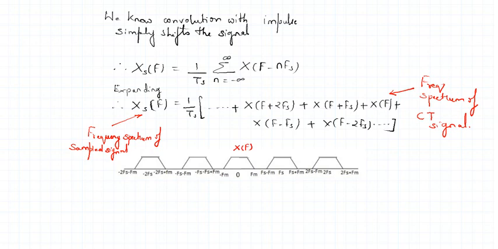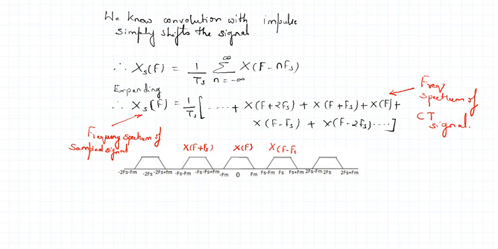But this is not the only component present. I have this component wherein X of f is shifted by fs amount. Here it is advanced. It means X of f plus fs is this same signal shifted to the left-hand side. So this is X of f plus fs. Definitely, this must then be X of f minus fs.